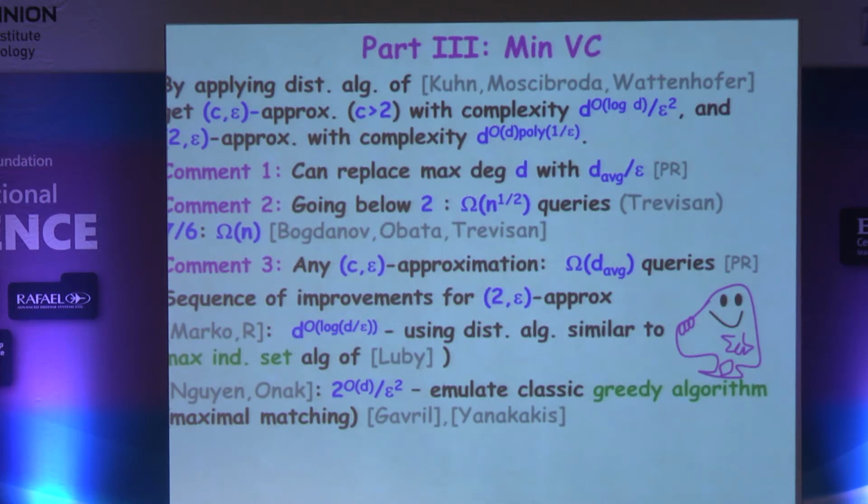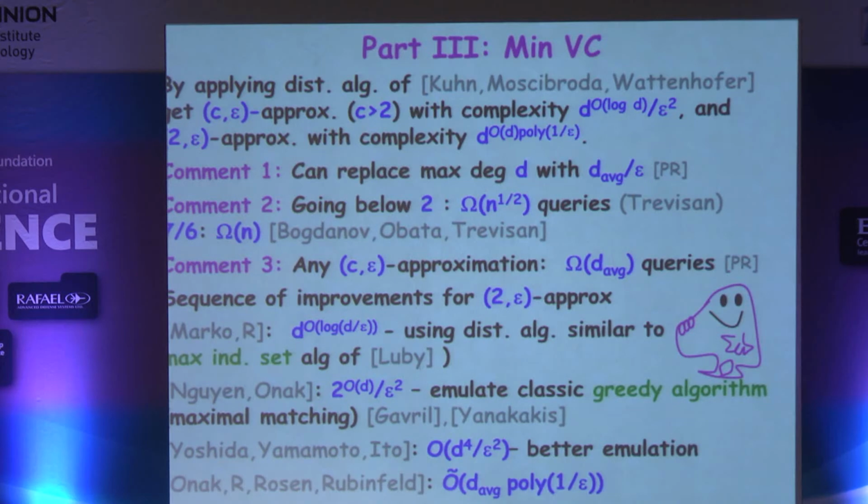But the important thing is that this led to the next step, the jump from exponential dependence on d to just polynomial dependence on d, using the same idea but doing something more sophisticated. And then the last result, relatively recent, is almost tight in terms of the dependence on the average degree, almost linear, and polynomial in 1 over epsilon.